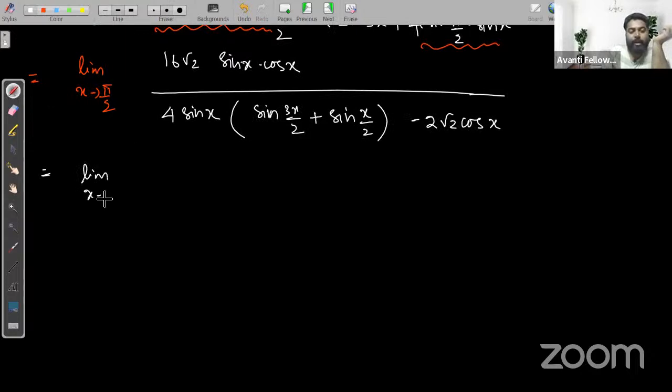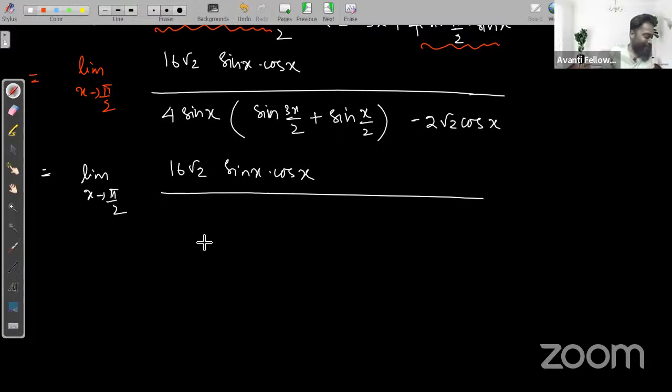So limit x extending to pi by 2, 16 root 2 sine of x into cos x. Actually, it's a question from trigonometry, you can say. So this will be 4 sine of x.